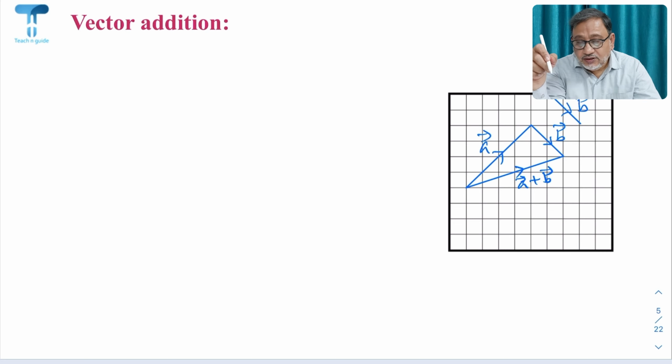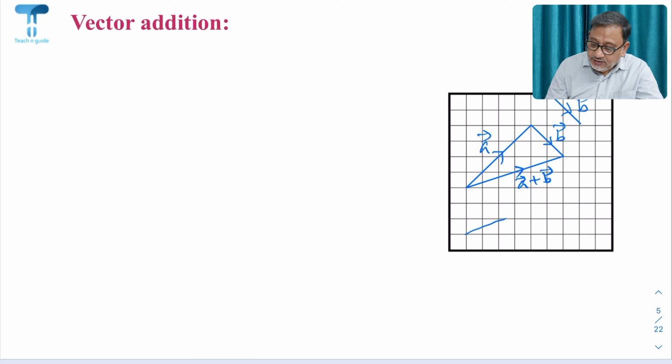This looks like it is at 90 degrees, but it may not be at 90 degrees. I'll take two other vectors. Suppose I have a vector P here, and I have a vector Q here, like this. Now what will I do?